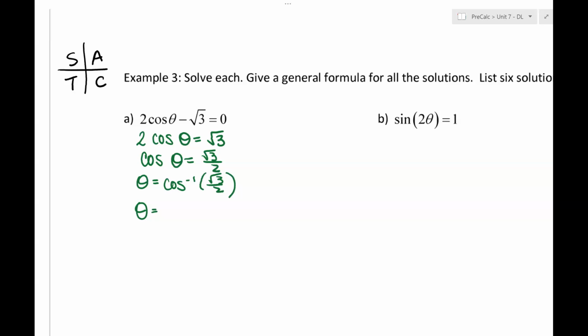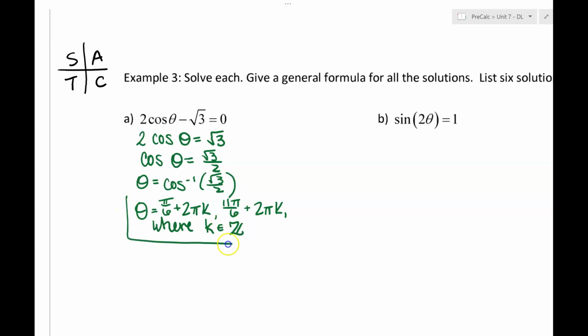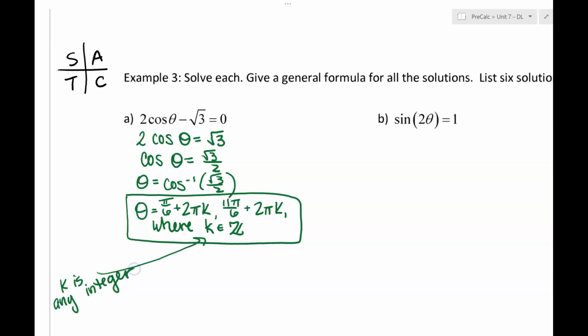So we're going to say that this is pi over 6 plus 2 pi k, and then 11 pi over 6 plus 2 pi k, where k is any integer. You can write out is any integer, or you can do the fancy symbols. That just means k is any integer. Okay, nice.